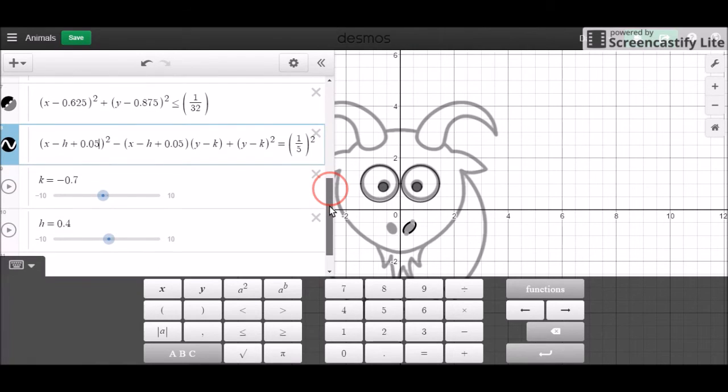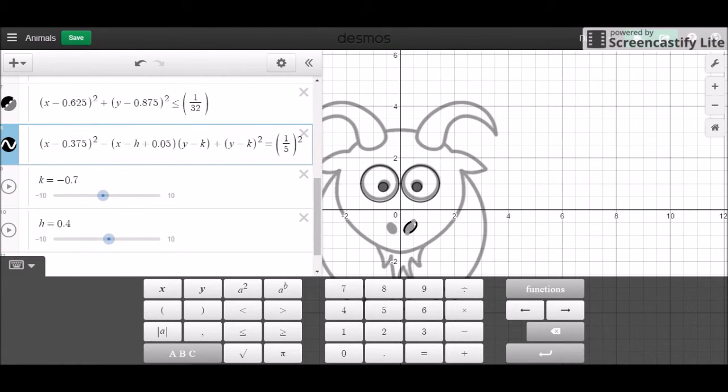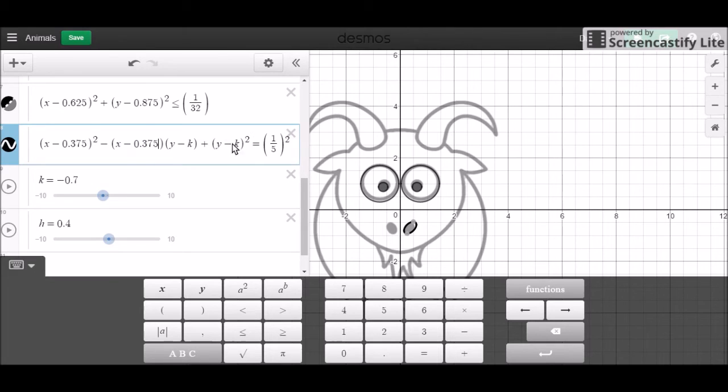Okay, so H actually seems to take the value of 0.35, so I'll make that 0.375 to make it a multiple of 8. And just make K... what if I just change K?